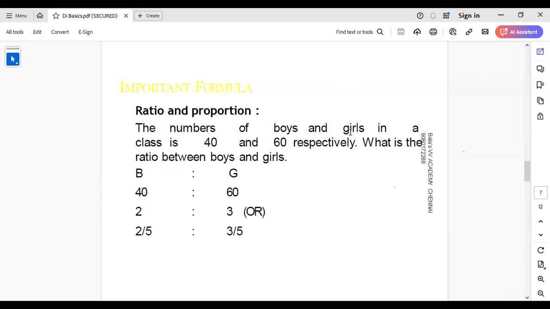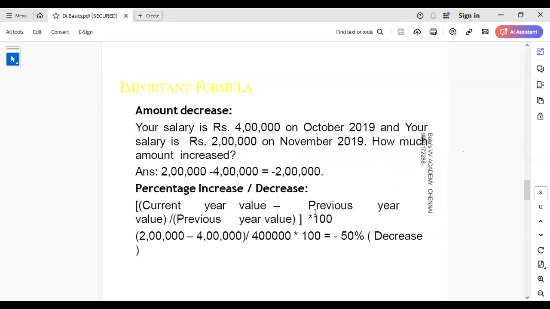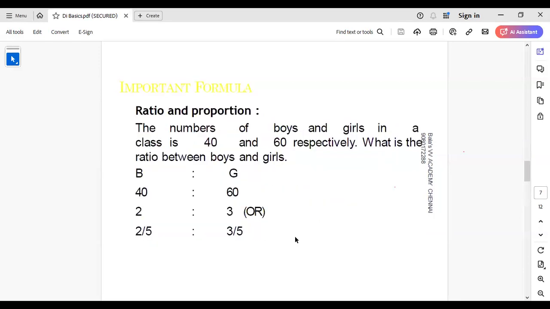Okay, ratio and proportions. In a classroom, there are 40 boys and 60 girls. When somebody is asking a ratio, you can say that they are in the ratio of 2:3 or 2/5:3/5. Sir, how 40 becomes 2 and 60 becomes 3? Any idea? See, we need to divide the actual number using a common table.